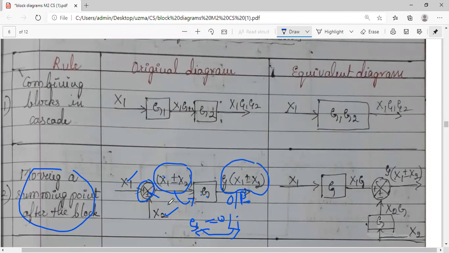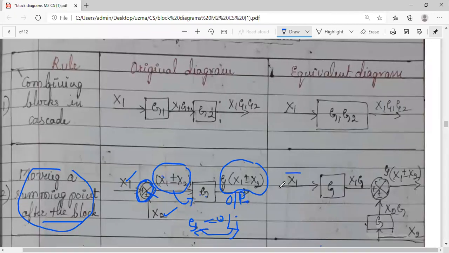Now how can I shift or move this summing point after the block, and what changes occur inside the block? Let's see. This is your x1 as I have drawn. There is a G, and this summing point I have moved after the block. So the summing point is after the block, somewhere here.